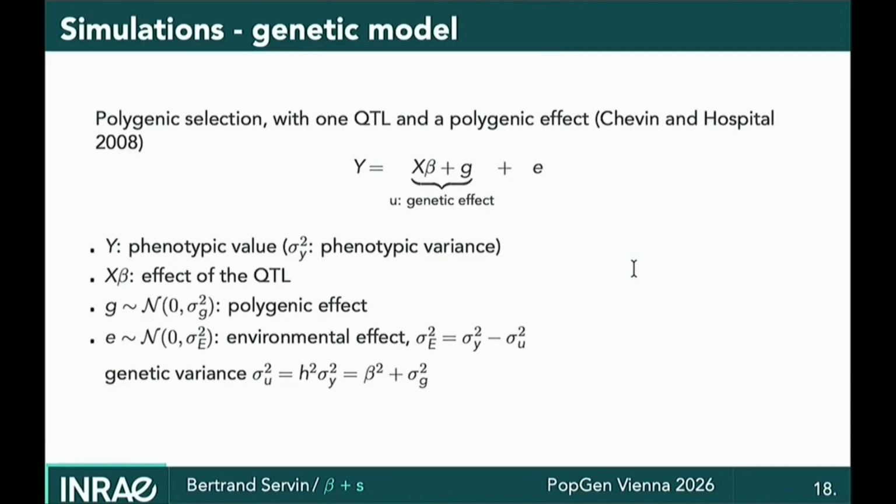So what we decided is to simulate an infinite number of QTLs plus 1. So we simulated just one QTL, that's your X here, and its effect beta. And then we also simulate a polygenic effect that is a continuous trait. Okay, so it's like you have an infinite number of QTLs that contribute to your polygenic effect, and then you have one more QTL, which is the one we're going to look at.